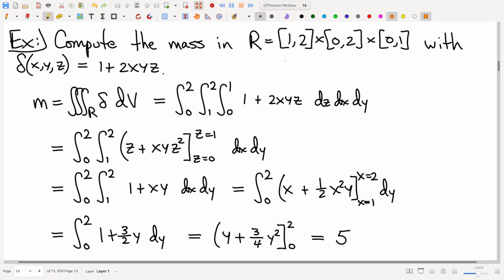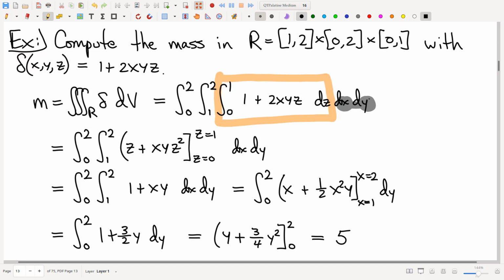Okay. Again, be careful to keep track of what's constant and what's not constant. Let's look at this integral here, the innermost integral. In that integral, notice x and y are further to the outside.